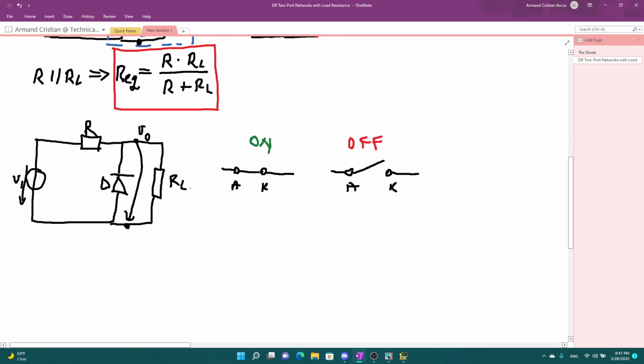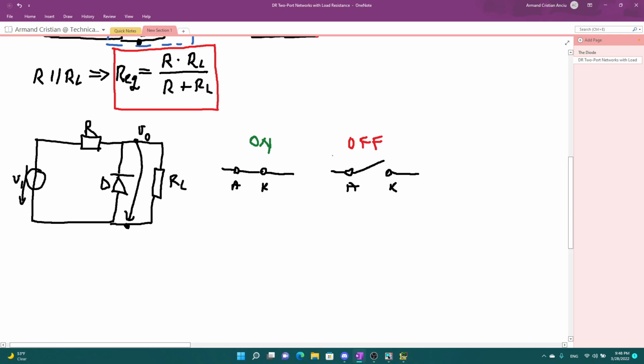So then we can only work with this circuit when the diode is off, because if we work with this circuit when the diode is on, we're basically short-circuiting the input, meaning the output will always be 0, so there's no use for that.